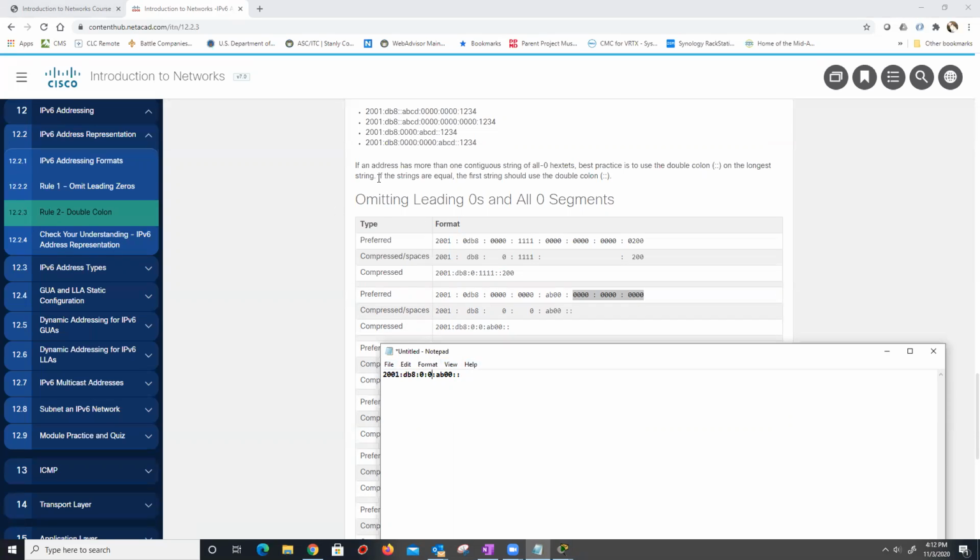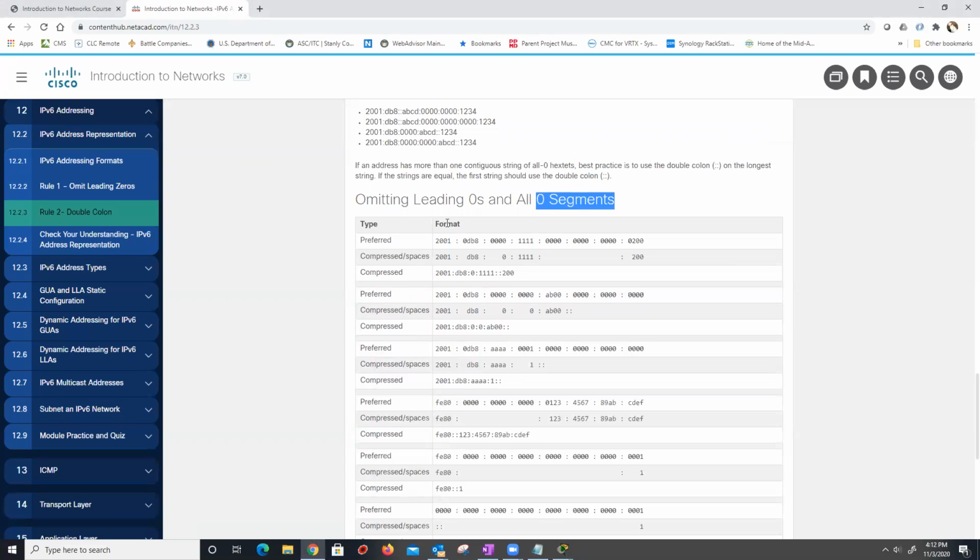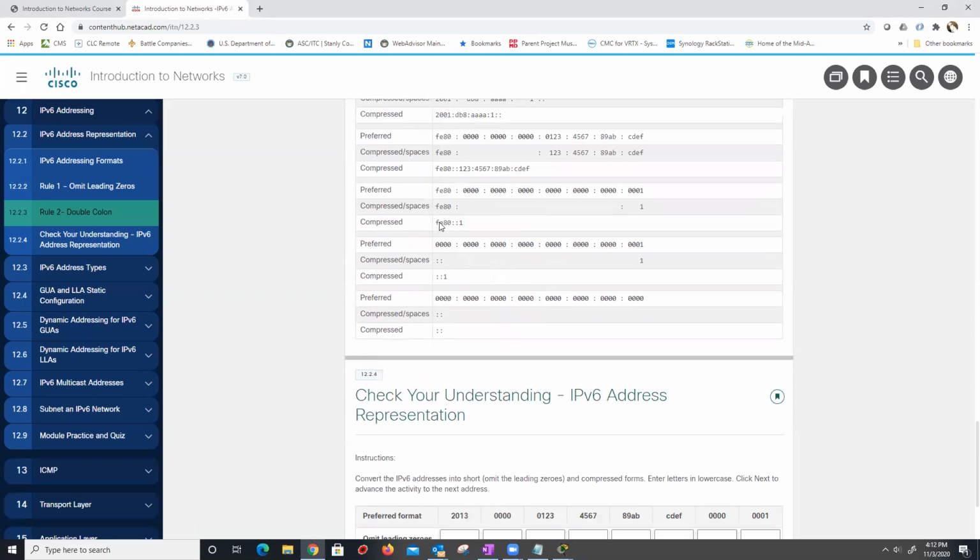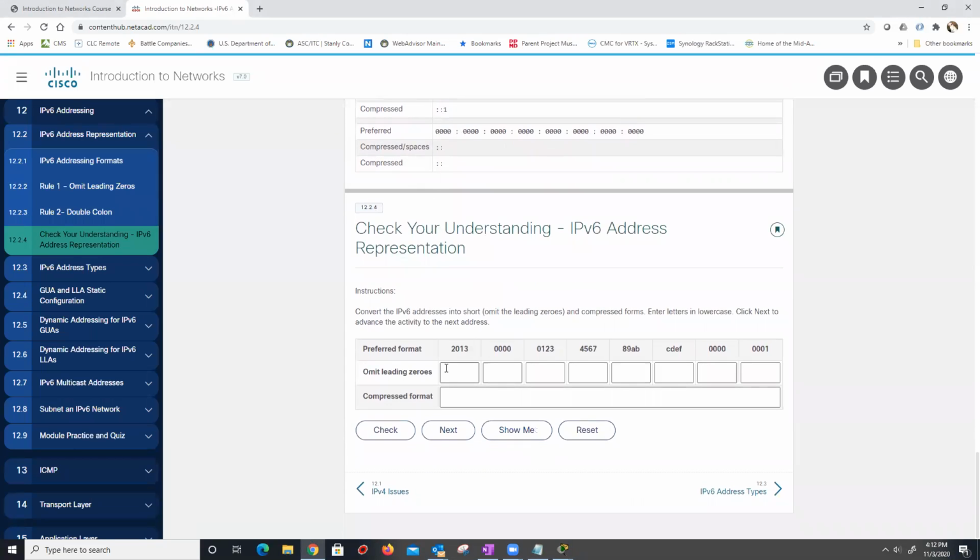Okay. So you can omit leading zeros, and one of the all-zero segments can be replaced by a double colon. So let's look here. We're just omitting leading zeros. This will be 2013:0:1234:5678:9ABC:DEF0:1.